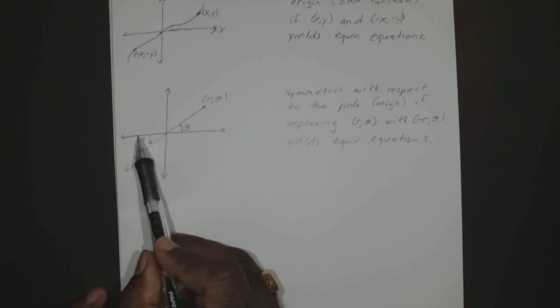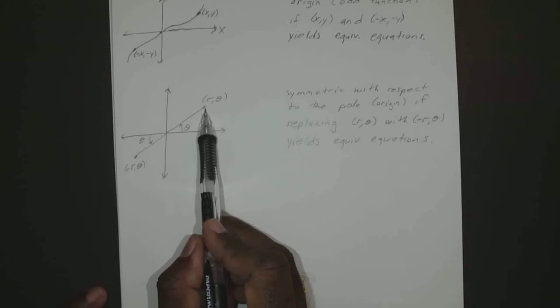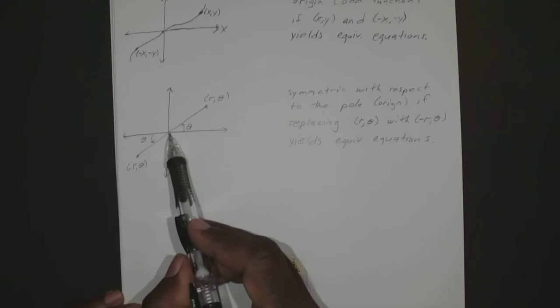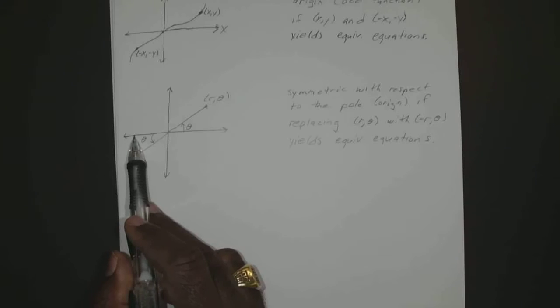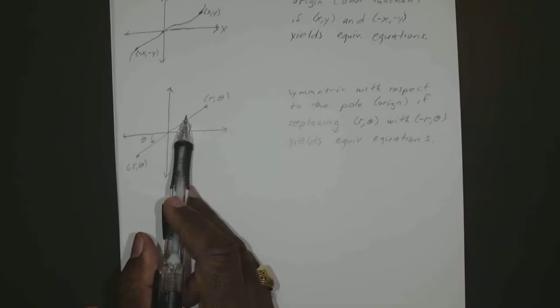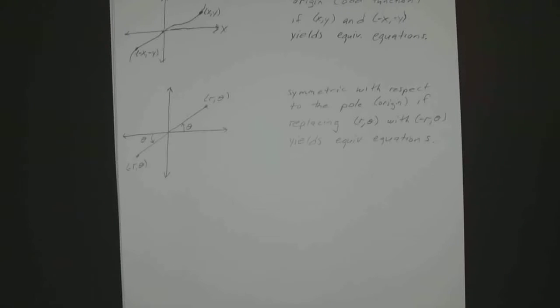Yes. Could you also say that as negative r, theta plus pi? Okay, negative r, theta plus pi. Well, you'll end up back in the same spot. Yep, we're actually just looking for symmetric across any one of those. Now, if you were trying to get to the same spot, that would work, because you just go negative r, and then pi plus theta, you'd end up right back there. What about theta plus pi, like if it were positive r, theta?